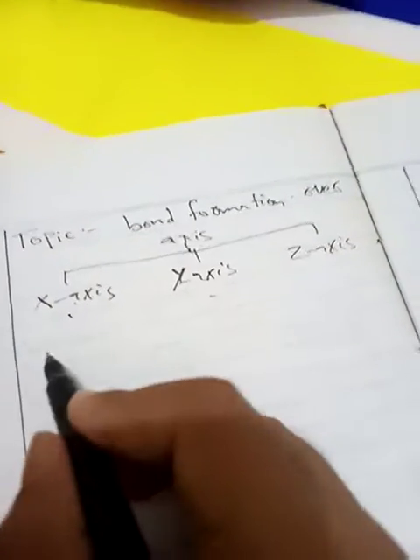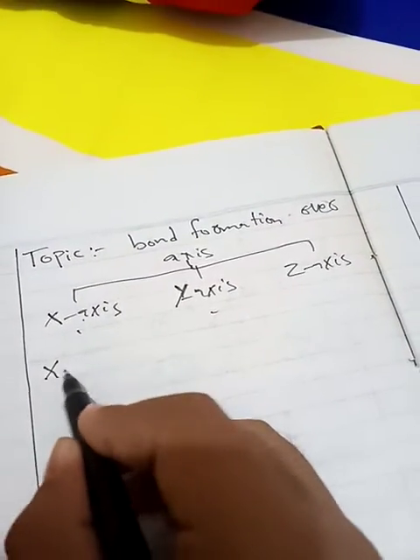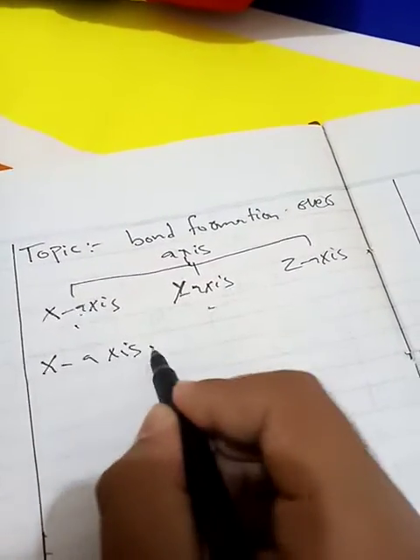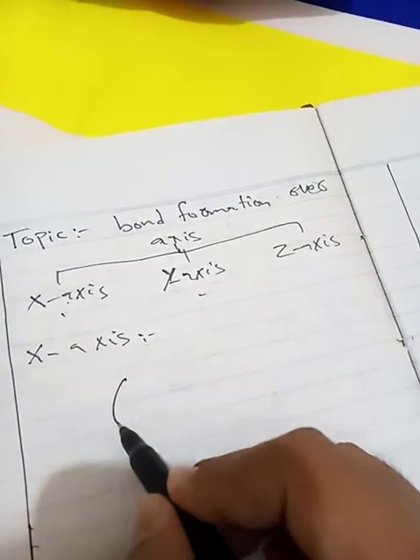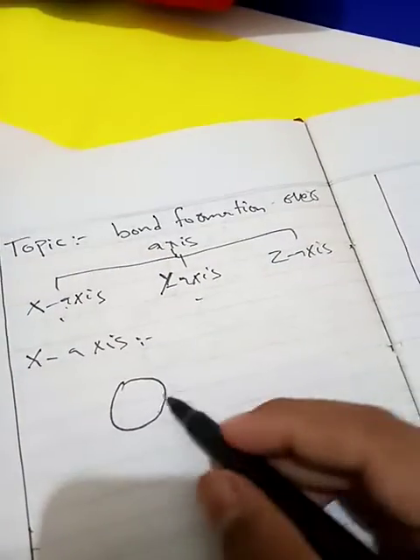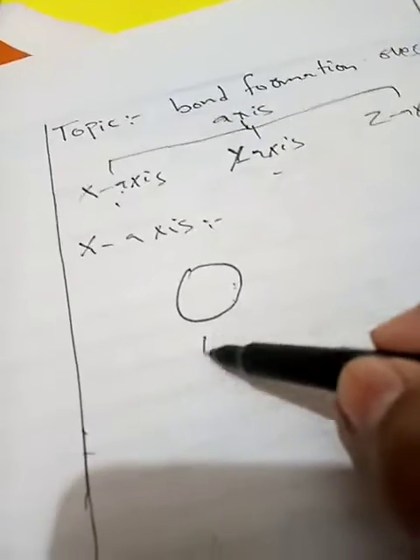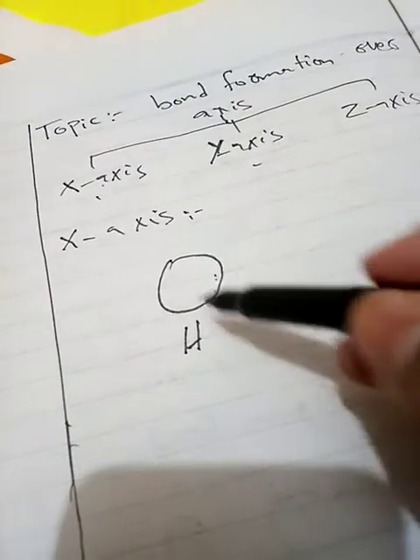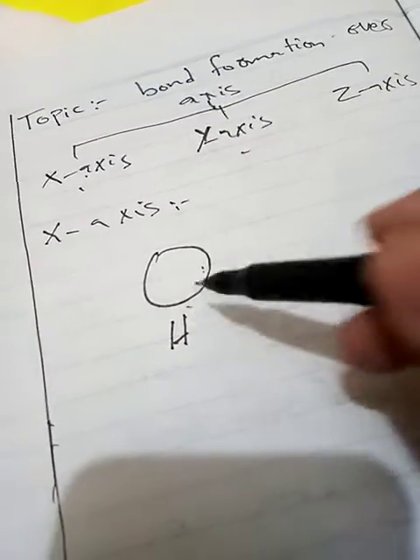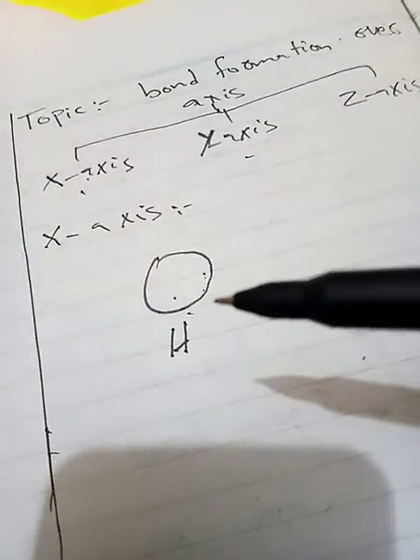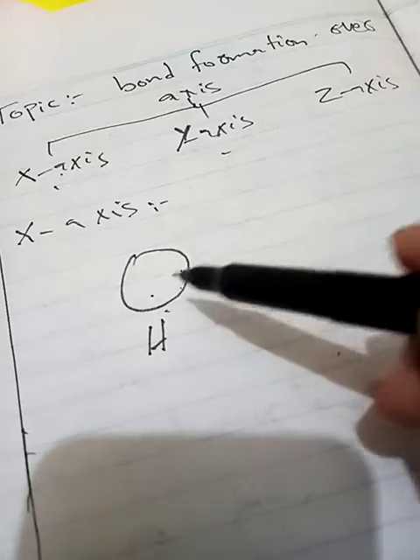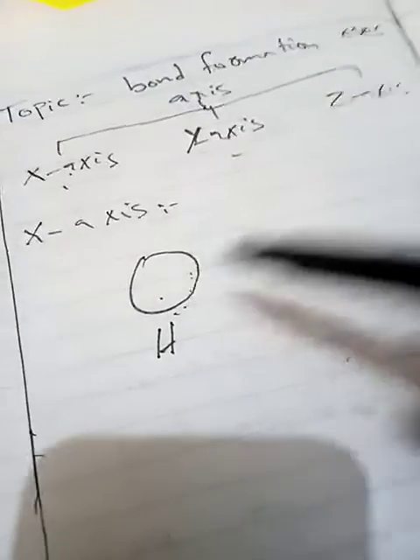For example, if we are going with the x-axis, we have to take an example: this one is an s orbital. Let's take an example of hydrogen. This is the hydrogen orbital, which is an s orbital, because hydrogen contains only one electron, and that one electron fills the s orbital.